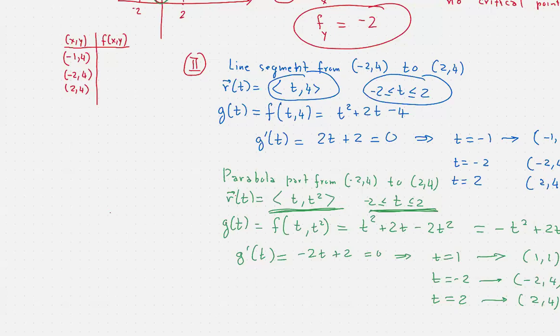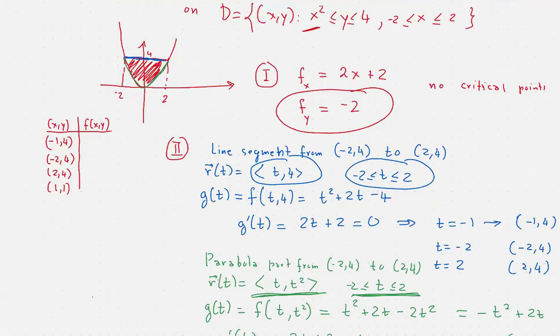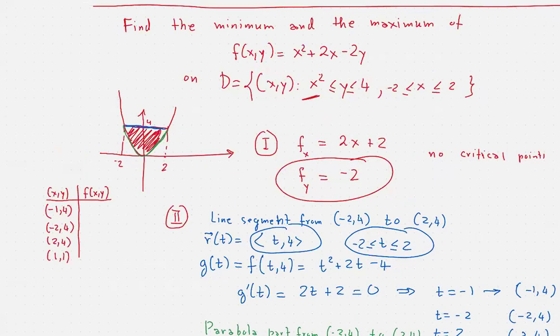And so we have 4 candidate points for the extrema. And what we need to do is plug them into our function, the one we want to minimize and maximize. So if we plug in -1, 4, what do we get? We get 1 minus 2 is -1, minus 8 is -9.